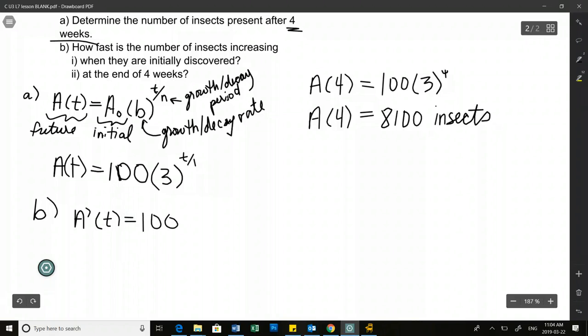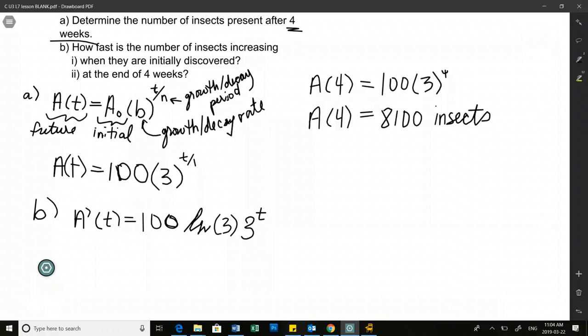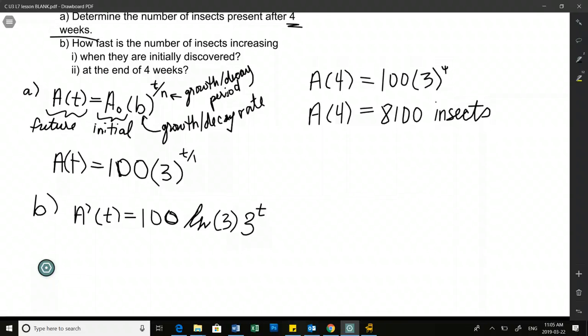What is the derivative of 3 to the exponent t? Ln 3, and then we get that base and exponent back, 3 to the t. Now my job is just to find the rate of change in population of insects.